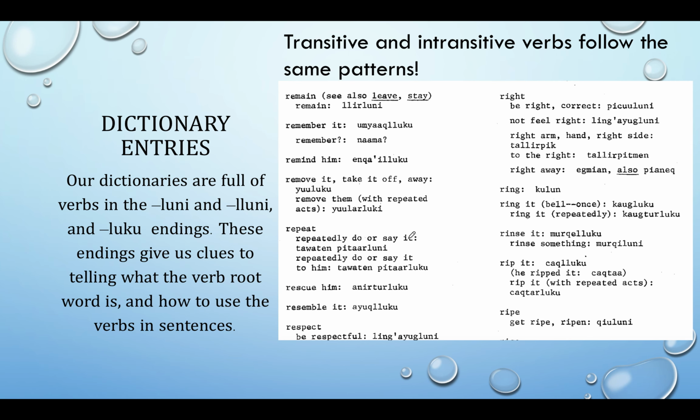So I almost always have to conjugate them or add postbases or endings to these verbs. In the dictionary, they are always going to end with a luni or a lugu ending. With that ending, you can find out what their root word or stem is so that you can then conjugate or add postbases to that root word or stem.